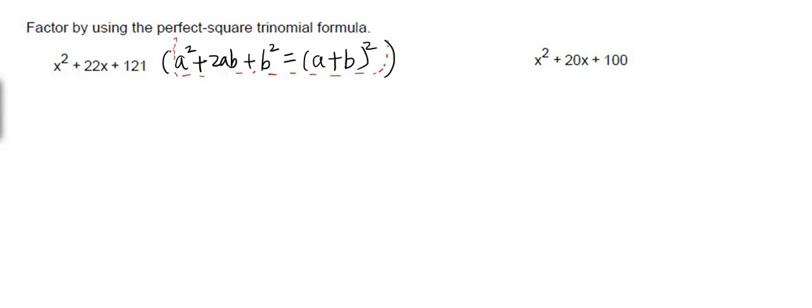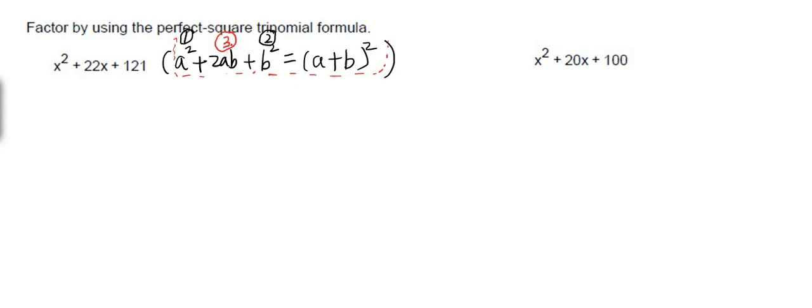Now, from this formula, on the left-hand side, we need to focus on these three terms. I'm going to mark down the first term, a square, the second term, b square, and the third term I'm going to mark down in red color.